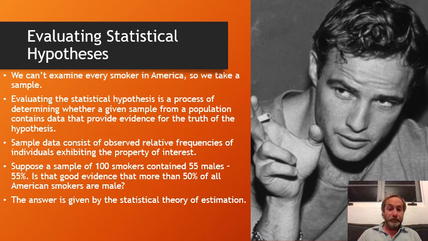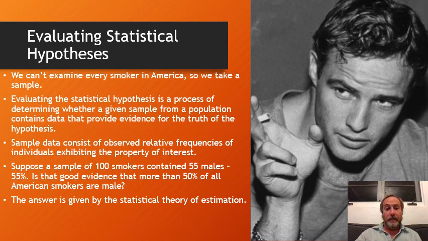So what's the nature of this data that we're observing in the sample? It's going to be the observed relative frequencies of individuals exhibiting the property of interest. For example, say we sample 100 smokers, instead of however many millions there are. And in that sample, it turns out that there are 55 males, so 55%.